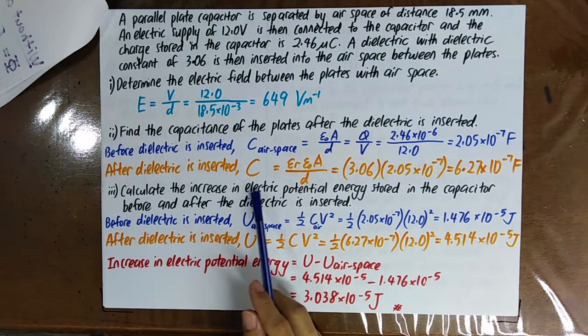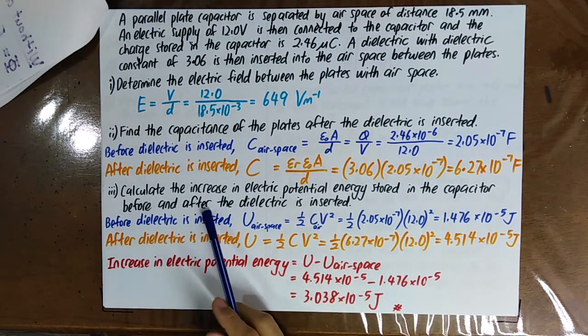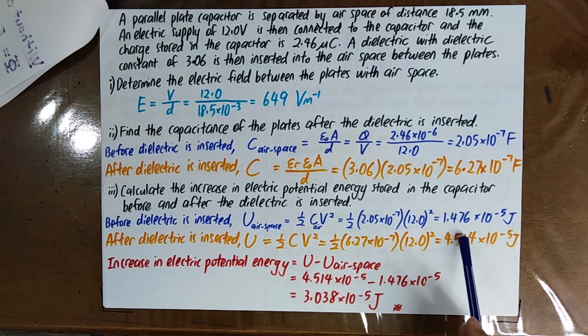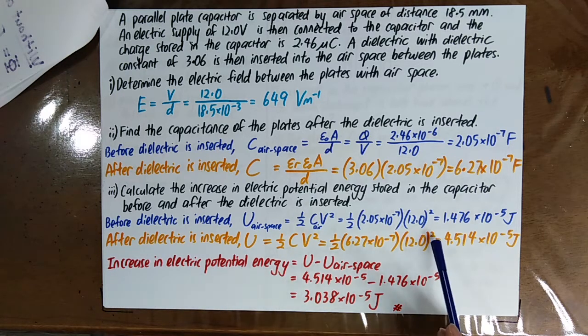Calculate the increase in electric potential energy stored inside the capacitor before and after the dielectric is inserted. Before the dielectric is inserted, the energy is like this. After the dielectric is inserted, the energy is like this. So you know that the overall energy of the capacitor also increases. And then the increase in the electric potential energy is the difference between the two.